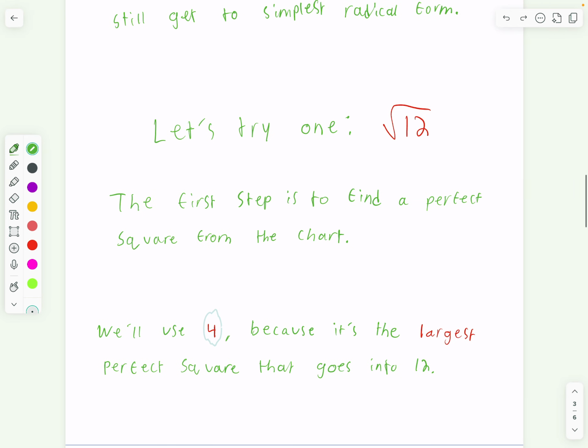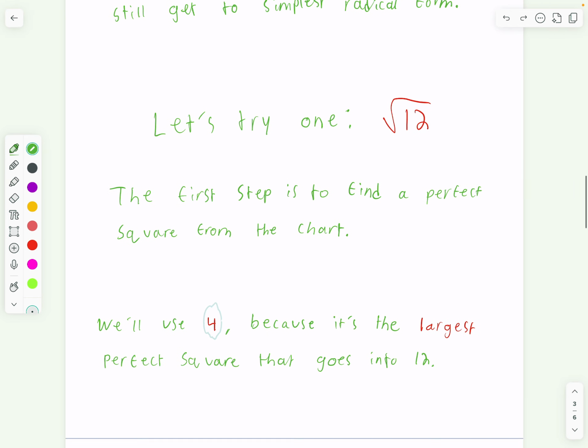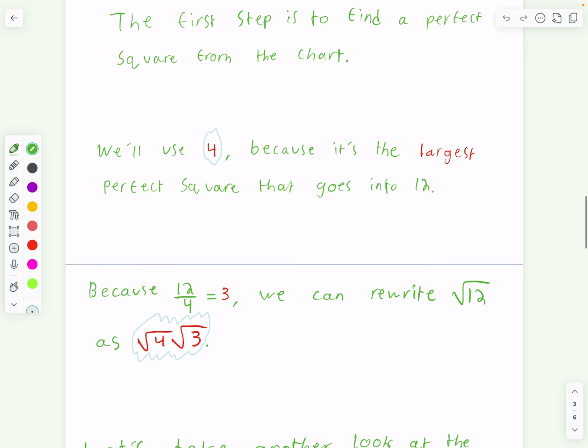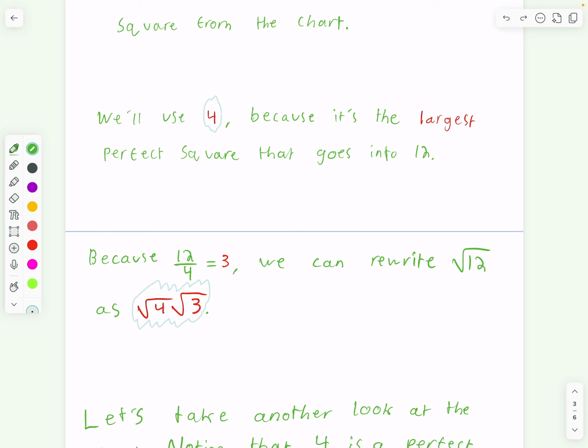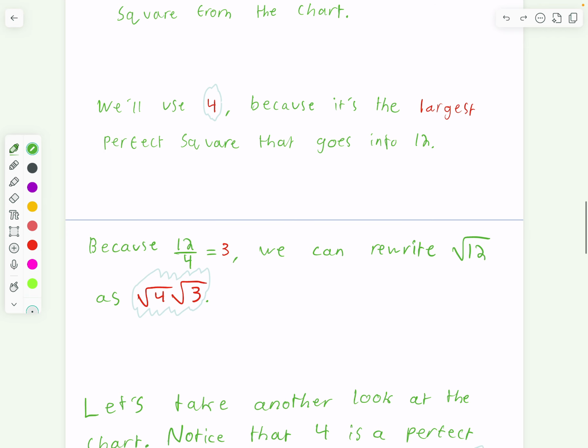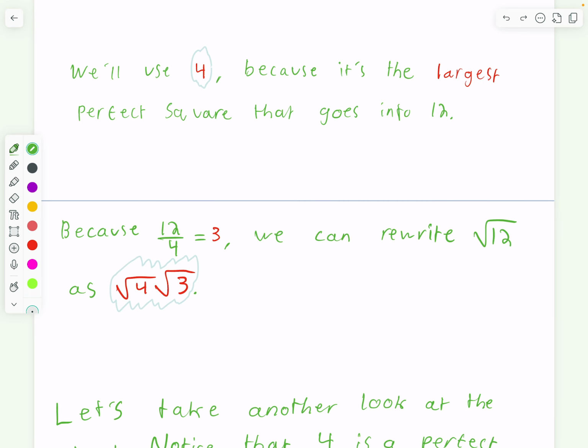So the first step is to find that largest perfect square, and then we can divide it to find the other multiple for 12. Then we can rewrite the rad 12 as rad 4, rad 3. So you're literally just listing out the two multiples of 12 that you used to get your answer.